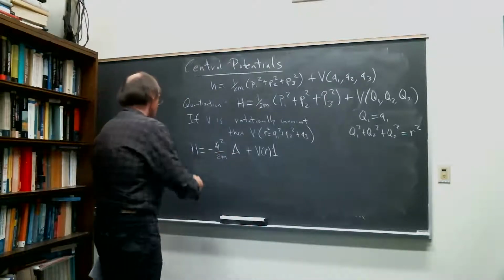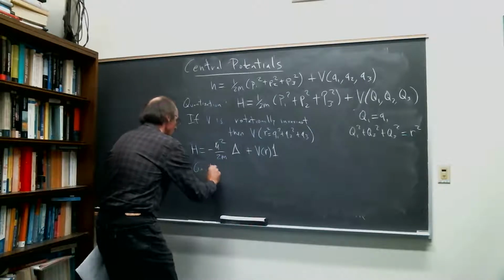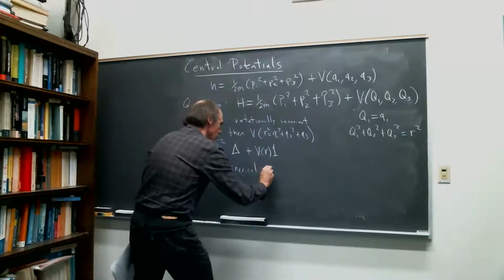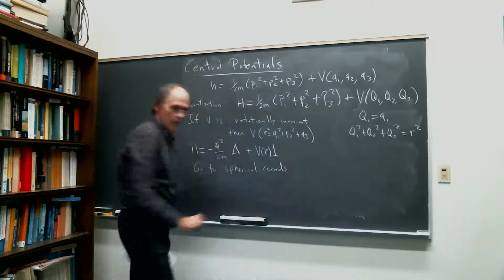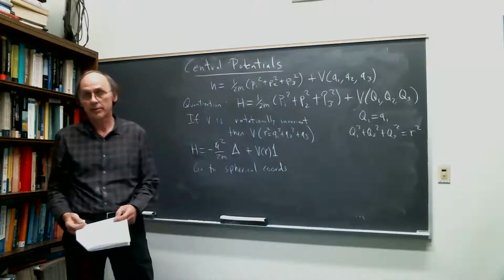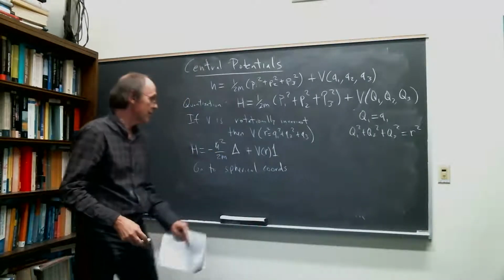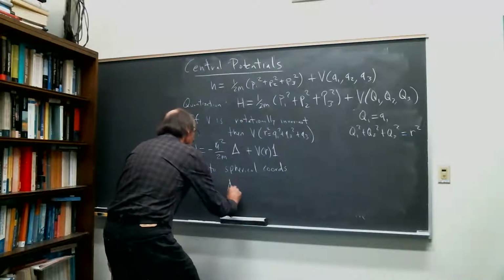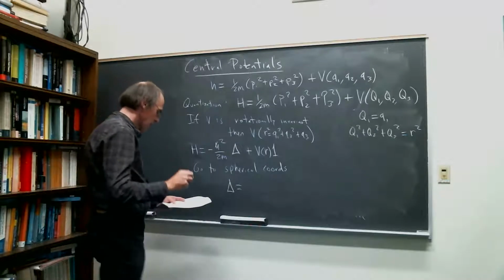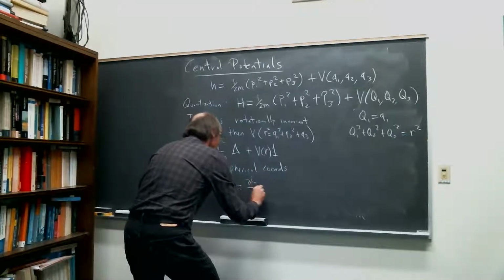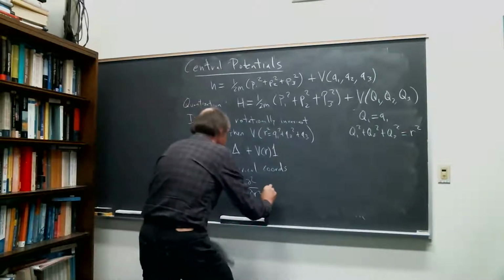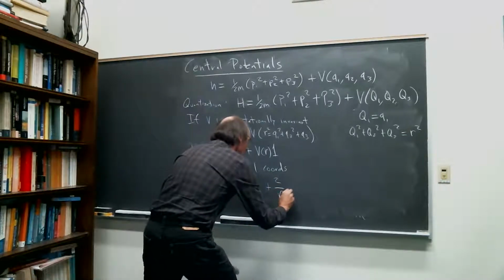And so what you want to do is go to spherical coordinates and rewrite the Laplacian in spherical coordinates. What you find is that the Laplacian is second order in r, but it's got a plus 2 over r d/dr.